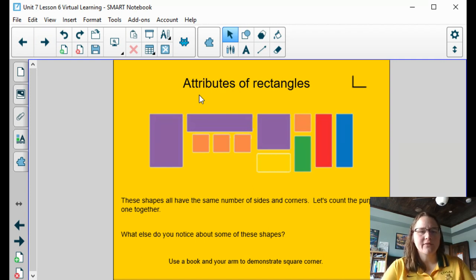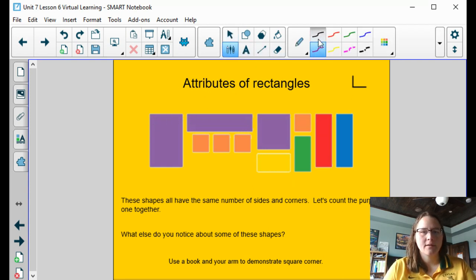Nice job. We're going to talk today specifically about rectangles and squares. I want you to look at these shapes. All of those shapes have the same number of sides and corners. So for example, let's count this purple one right up here. We've got one side, two sides, three sides, and we have four sides.